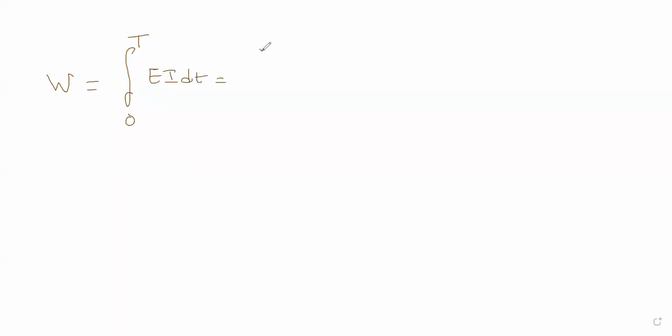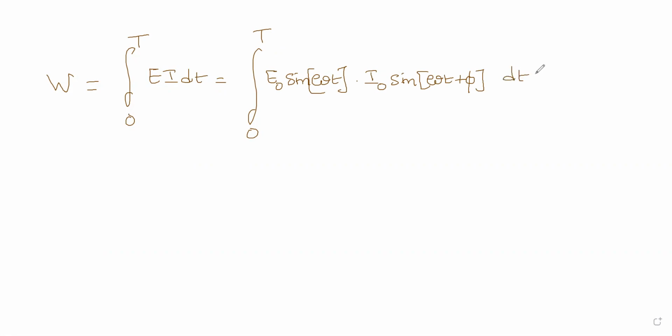So we can do integral 0 to t of E naught sine omega t multiplied by I naught sine of omega t plus phi dt.